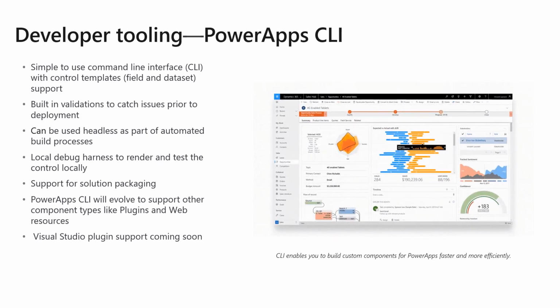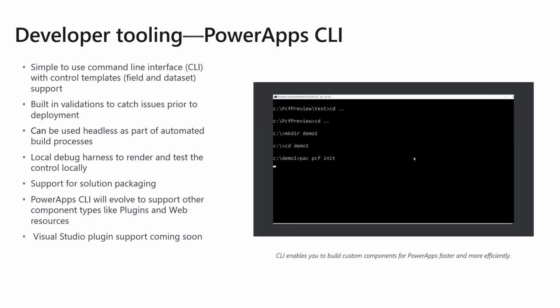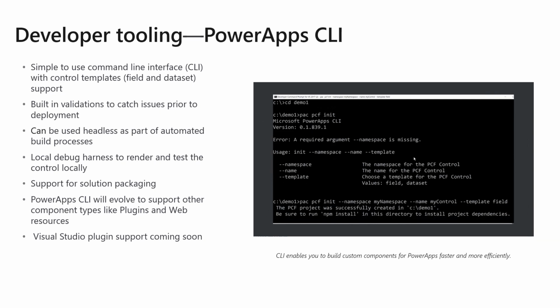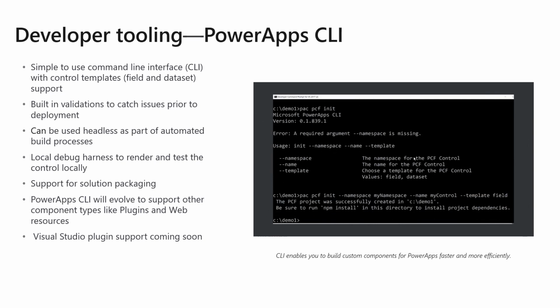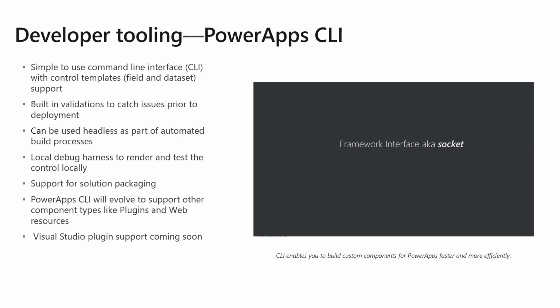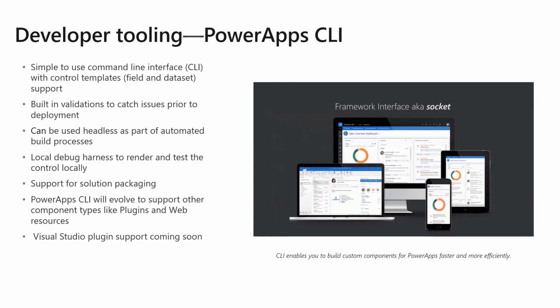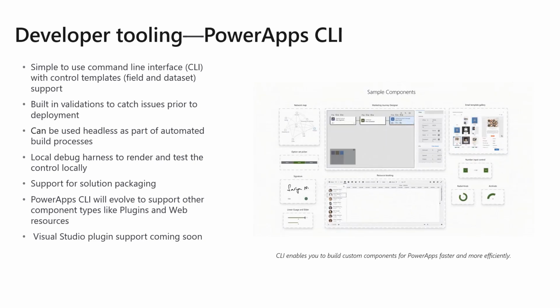It's also used in the validation and build of that component to package that up as a solution to be able to be imported into the system. Currently, the CLI is targeted only for the PCF use right now, but it will evolve to also support plugins and web resources as we talk about them later in the module. You'll see this over time become the all-encompassing tool for doing some of the developer tooling from the command line interface.